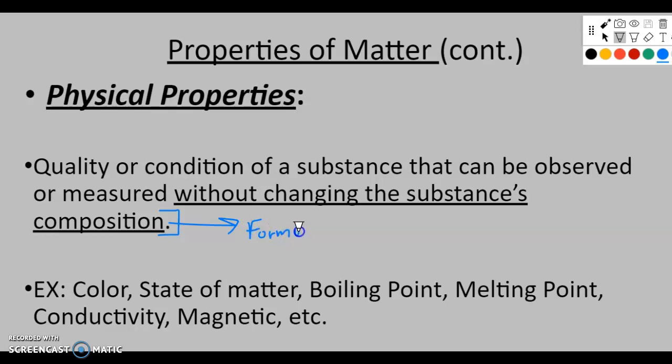And the most common formula that most of us are familiar with is water, H2O. So for every one molecule of water, there's 2 hydrogens and there's 1 oxygen. It doesn't matter what you do to that sample, as long as it's still H2O, then that must have been a physical property. So, for example, boiling.